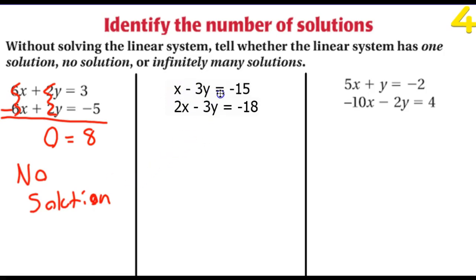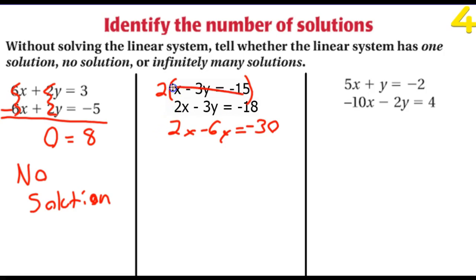Here we have x minus 3y equals -15 and 2x minus 3y equals -18. I can solve this one using elimination. I'm going to multiply the first equation by 2. So we get 2x minus 6y equals -30.